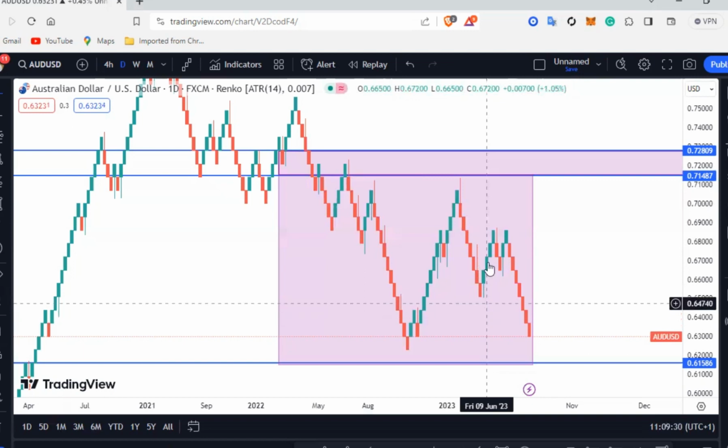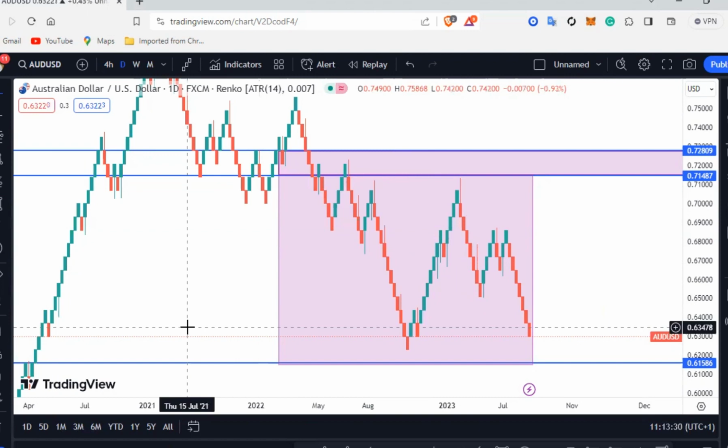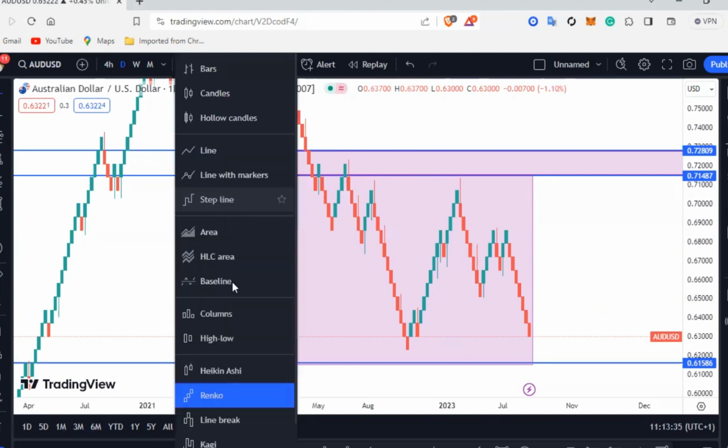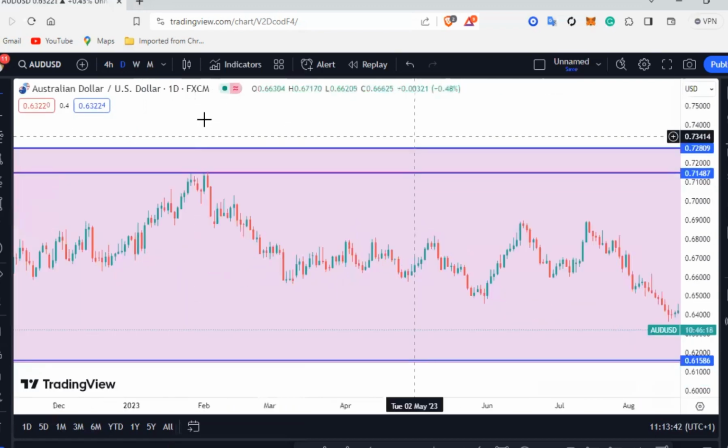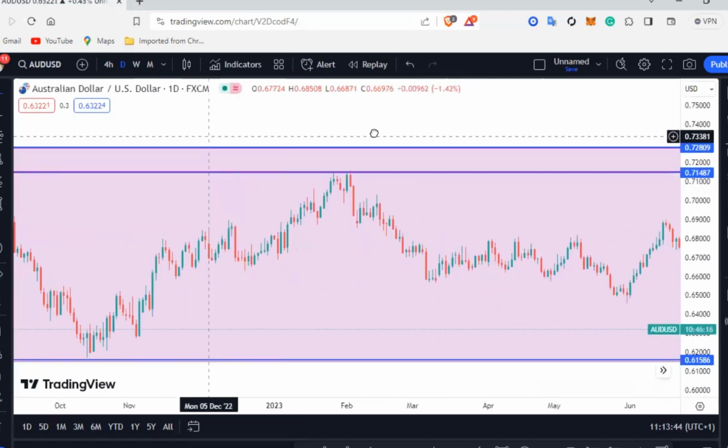Okay, so let me just quickly switch back to the candlestick chart so that you see what I'm talking about. This is the whole area that we marked in the Renko bars.